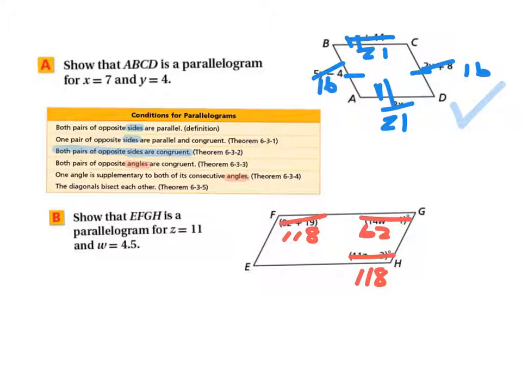That would mean that I have all my angles, and I don't have that. So I cannot choose 6-3-3. But for the one that says one angle is supplementary to both of its consecutive angles, this 62 is supplementary to both of its consecutive angles, and that's why it meets the fifth condition, 6-3-4. So this is definitely a parallelogram.